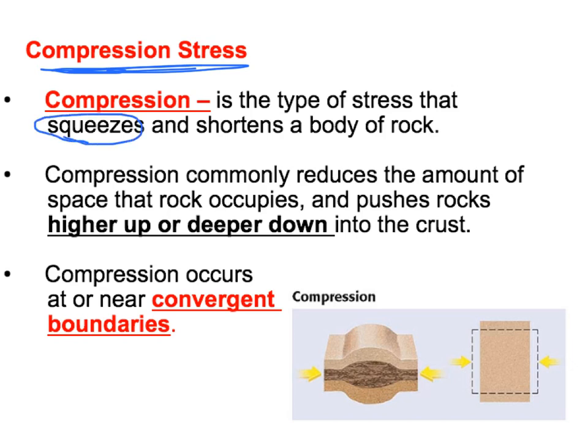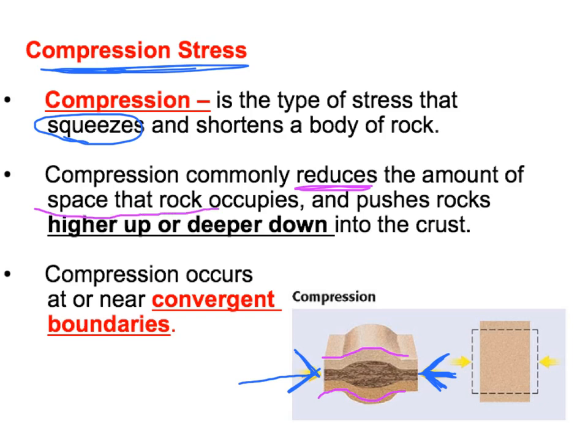Alright, we can see it down in the picture here. One force is pushing rock one way. On the other side of the rock, a force is pushing it the other way. And so what we've got happening is that rock is getting squeezed. And a lot of times we end up with this little bulge in the rock. It reduces the amount of space, reduces that volume that the rock is taking up.